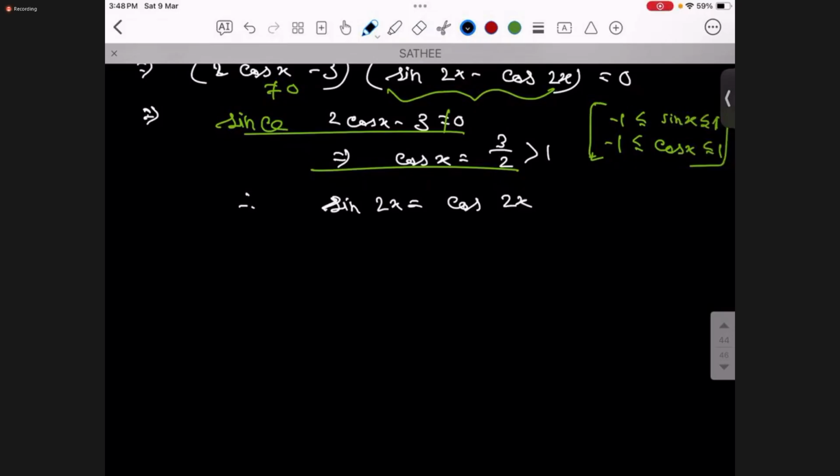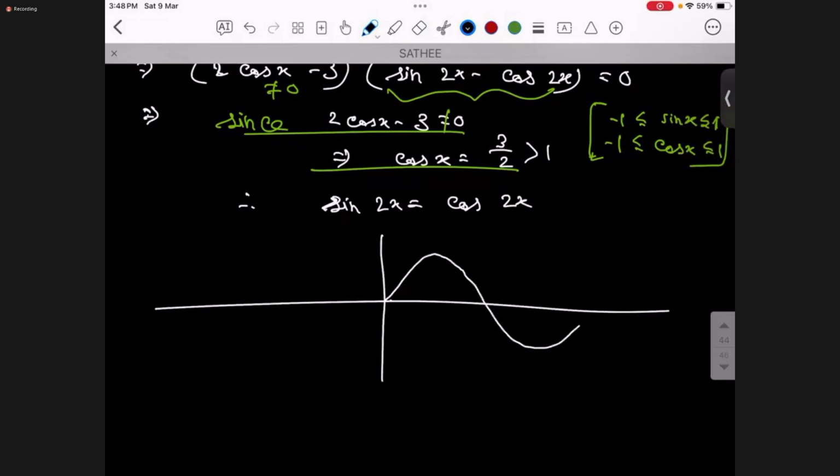Now one point is, when will the value of the sine and cos functions be the same? For that, one can draw the graph of sine and cos. So this is the curve for the sine function, and this is the curve for the cosine function.